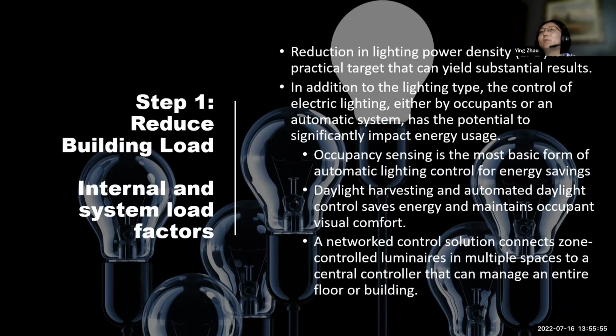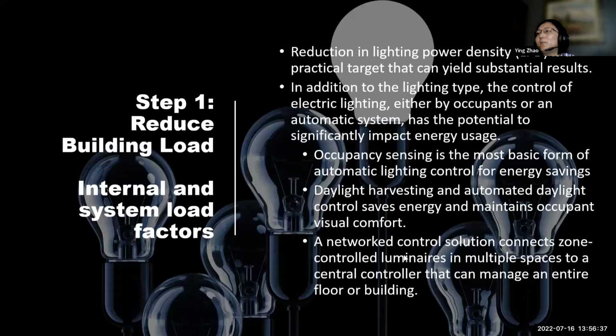It senses people inside the space, and if people leave, it automatically turns off the lights. If people go inside the space, it automatically turns them on. So that can reduce the lighting use. Also, daylight harvesting and automatic daylight controls save energy and maintain visual comfort. People like daylight. So daylight is a really good one if well designed. It can both save energy and maintain comfort.